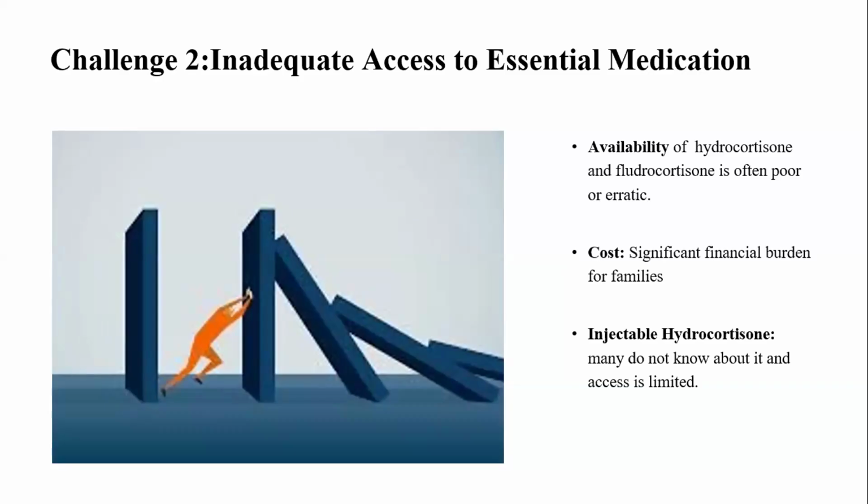This one is a very heartbreaking challenge, because I believe, and we know, that it's essential for every child to have access to essential medication, no matter their condition. The availability of hydrocortisone and fludrocortisone is often poor and erratic.